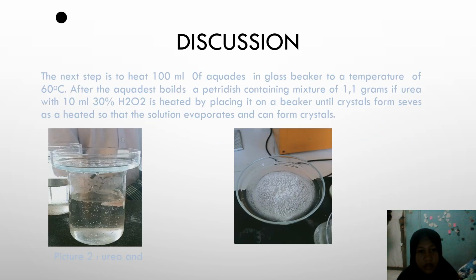The next step is to heat 100 ml of aqueous in a glass beaker to a temperature of 15 degrees Celsius. After the aqueous boils, the petri dish containing the mixture of 1.1 grams of urea with 10 ml of 13% H2O2 is heated by placing it on the beaker so that the solution evaporates and can form crystals.